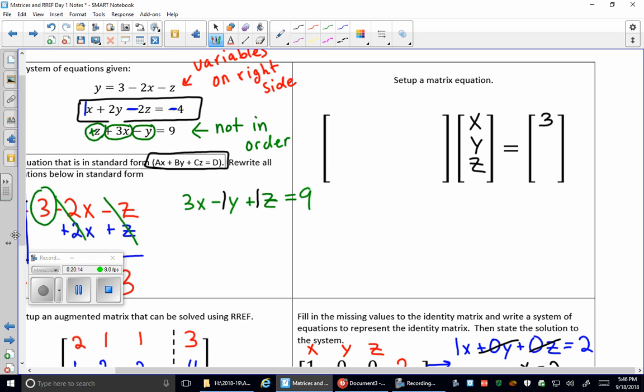So these were the constants that were going to be left on the right side. And then after we got each equation in order and the variables on the left-hand side, so just for those who wanted to see the matrix equation, and remember we had to reorder this one.